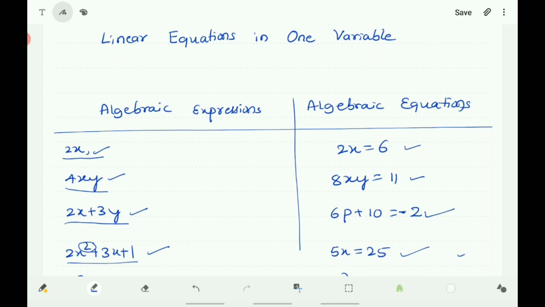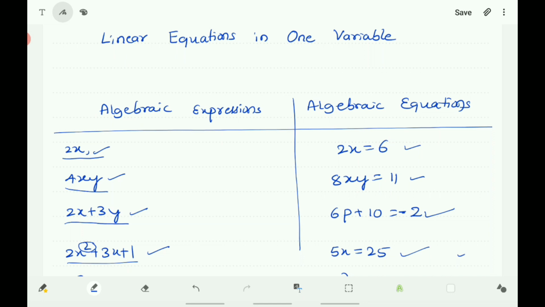Both of them may be algebraic expressions, or one may be an algebraic expression and the other a number. So both the left hand side and the right hand side may be algebraic expressions, or one may be an algebraic expression and the other may be a number.